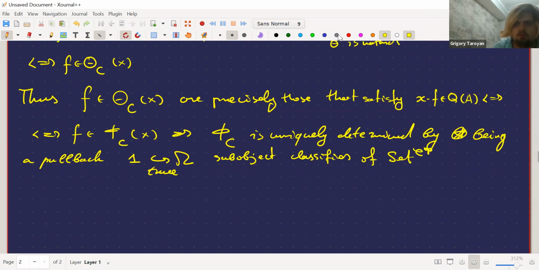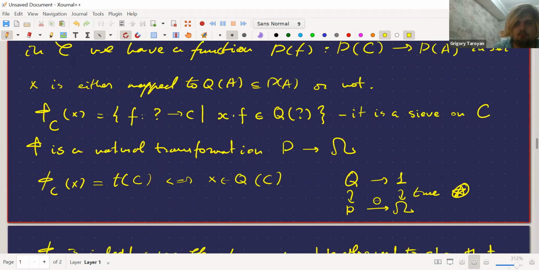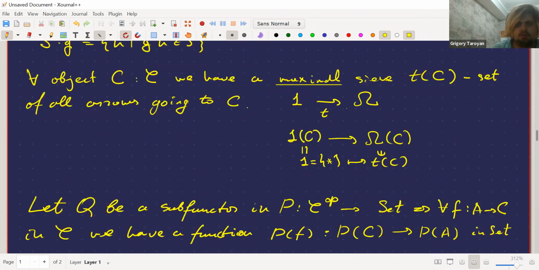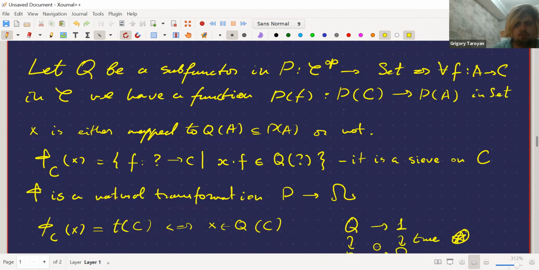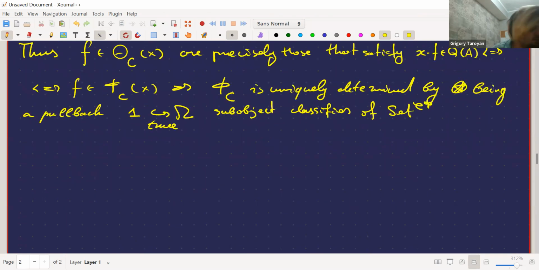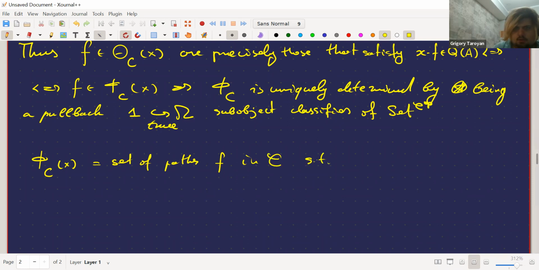So we've shown that we have a subobject classifier for an arbitrary presheaf category. We constructed it. A way to think about it is that phi C of X is the set of paths or morphisms F to C such that XF is in Q. This is very similar to the two-element category.